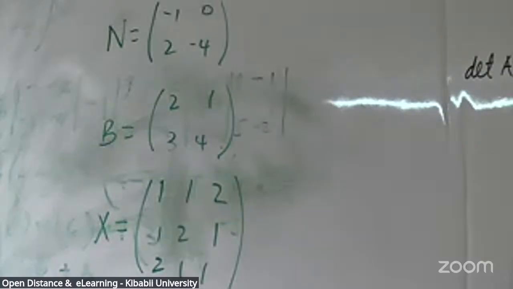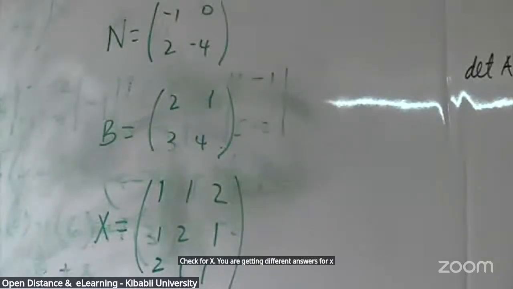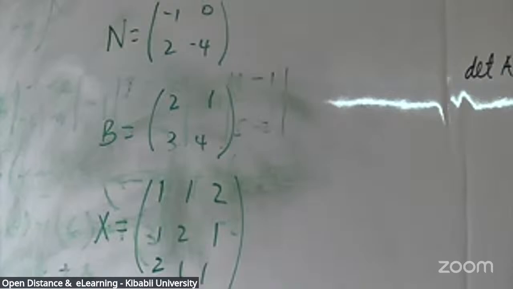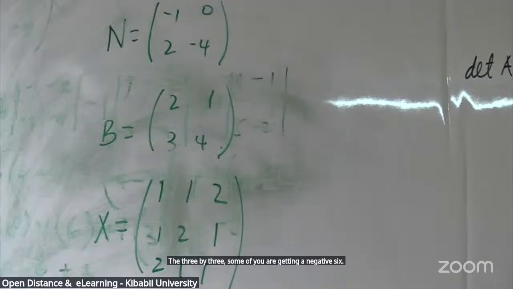Check for X. You are getting different answers for X. The 3 by 3, some of you are getting -6, others are getting -4, others -7.